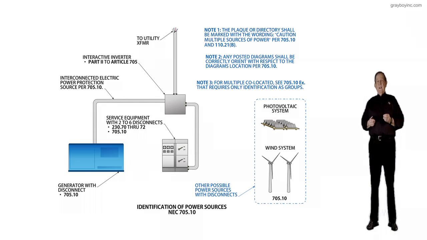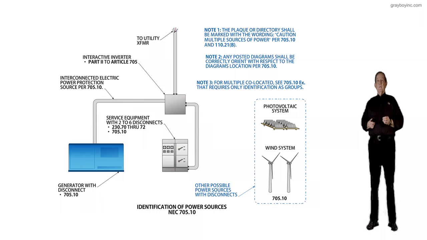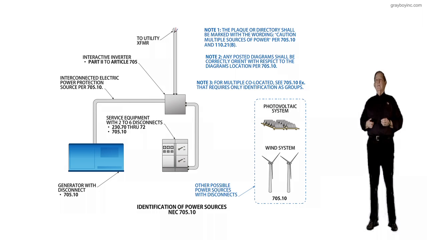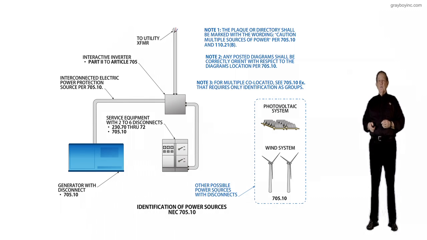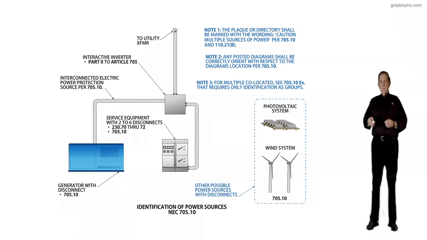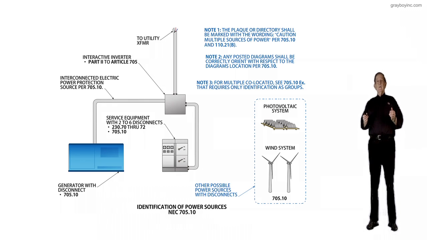That information, coupled with the purpose of change, the revision that took place here, will help you understand why some of these revisions have taken place. I know we've given you some sections to look at. The illustration is sometimes a little bit busy, but if you just want to know the change, then just look at the caption, identification of power sources, the section given, NEC 705.10, read your purpose of change, and then read any notes that you have, and you pretty well will have the change.